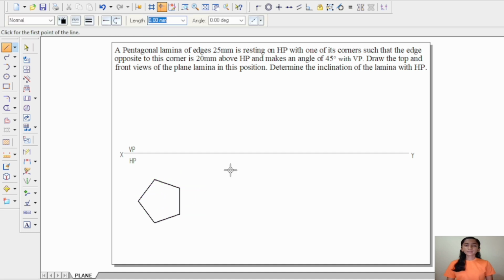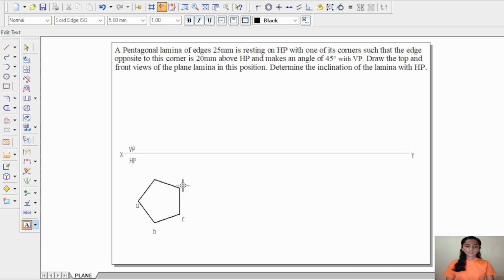Now using text command, let's name the points. Select text command and I'll name it as A, B, C and D, E. Now let's draw the projection lines using line command. Select line command of thickness 0.13 mm.